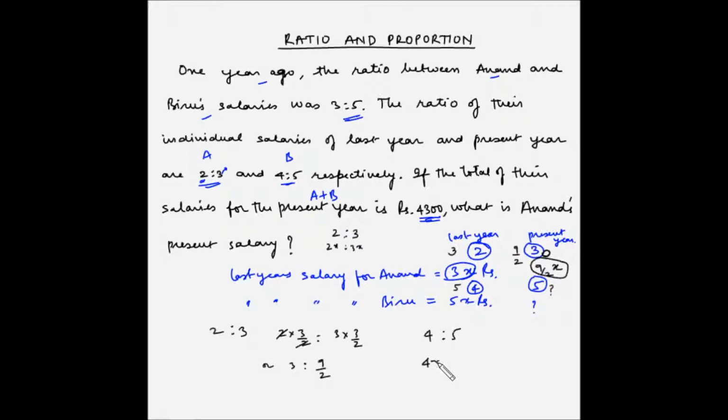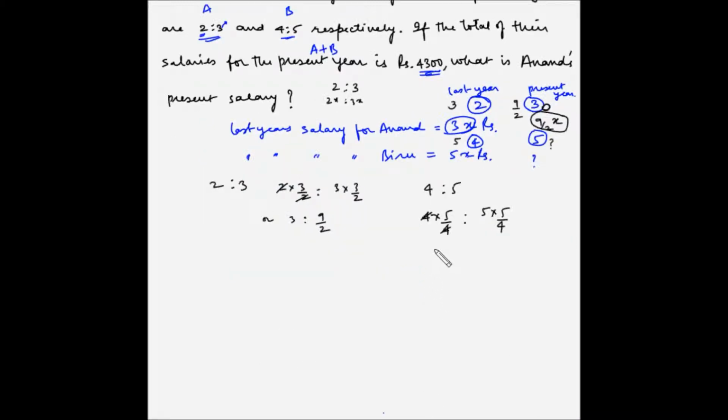So 4 multiplied by 5 divided by 4 is to 5 multiplied by 5 divided by 4. 4 cancels with 4. So this is nothing but 5 is to 25 by 4. So now this part of the ratio is 25 by 4.